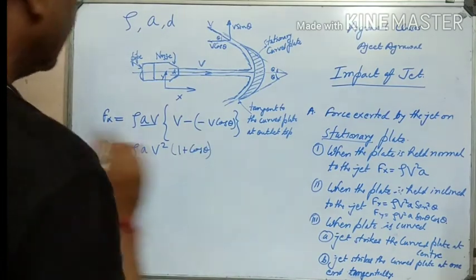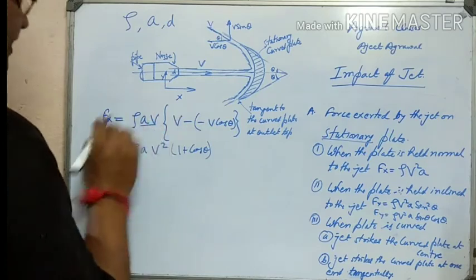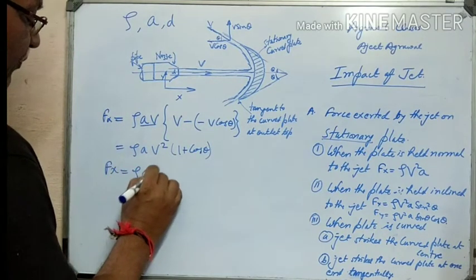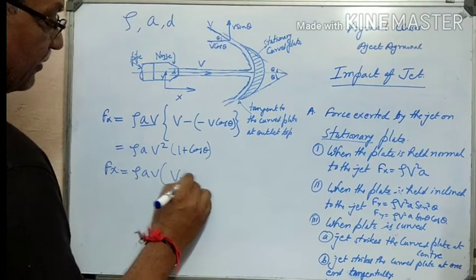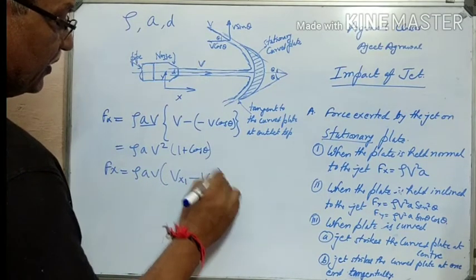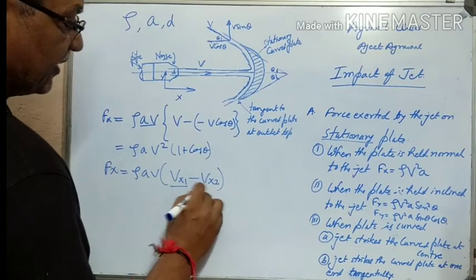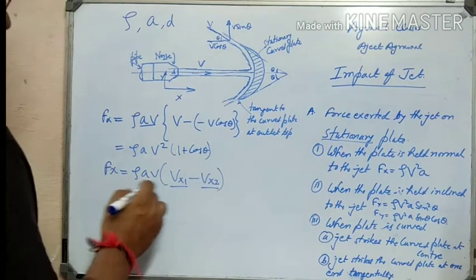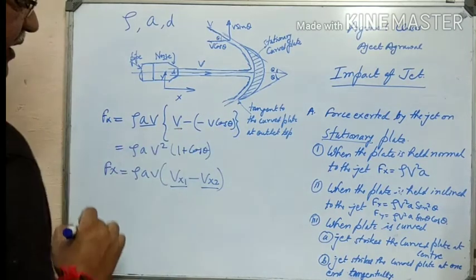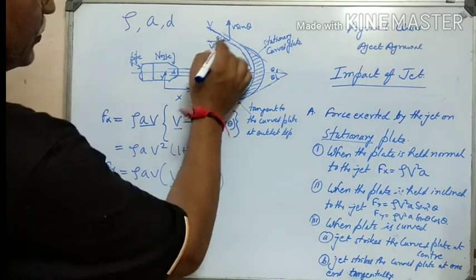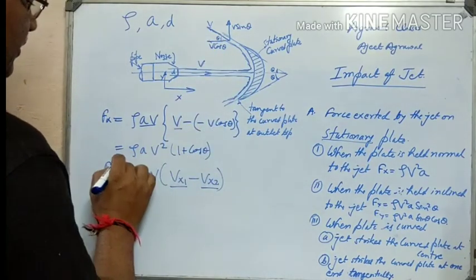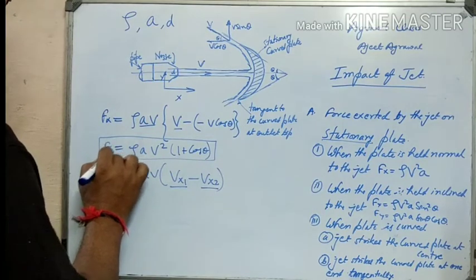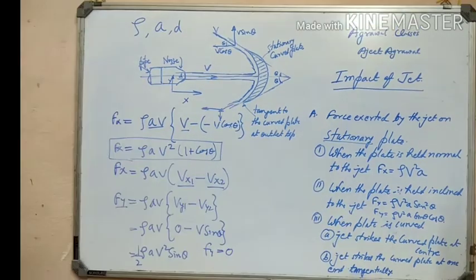Before writing, we can also write it like this: Fx equals rho A V into Vx1 minus Vx2, that is velocity in the x direction minus velocity in the x direction at the leaving point. So Vx1 we are writing as V and Vx2 equals minus V cos theta. So we get this as the force Fx in the x direction.